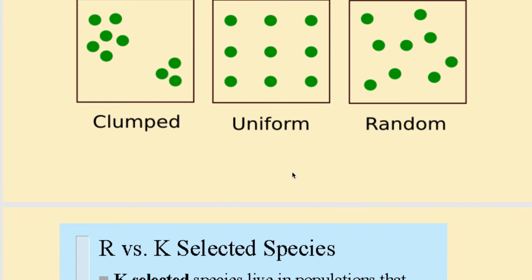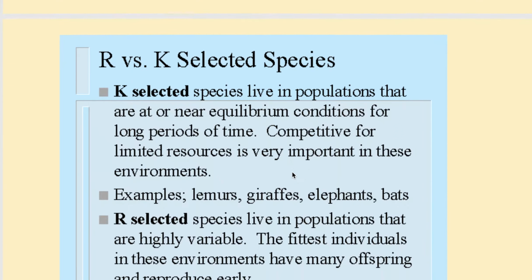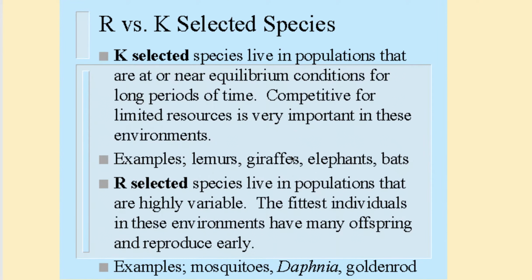All right. And here we've got r versus K selected. I like to remind you that the r should be a little r. And I think that's significant because the big K, capital K selected are your larger animals. They have very few young, and those are mainly like your large mammals, for example.